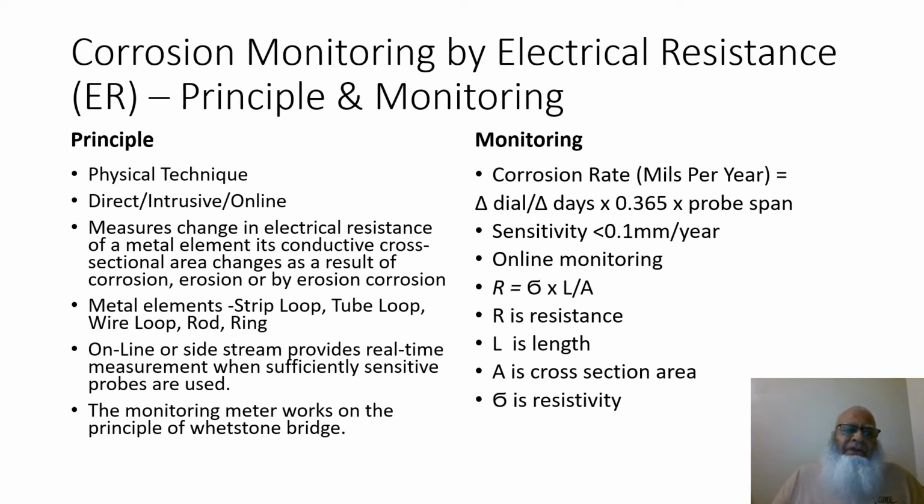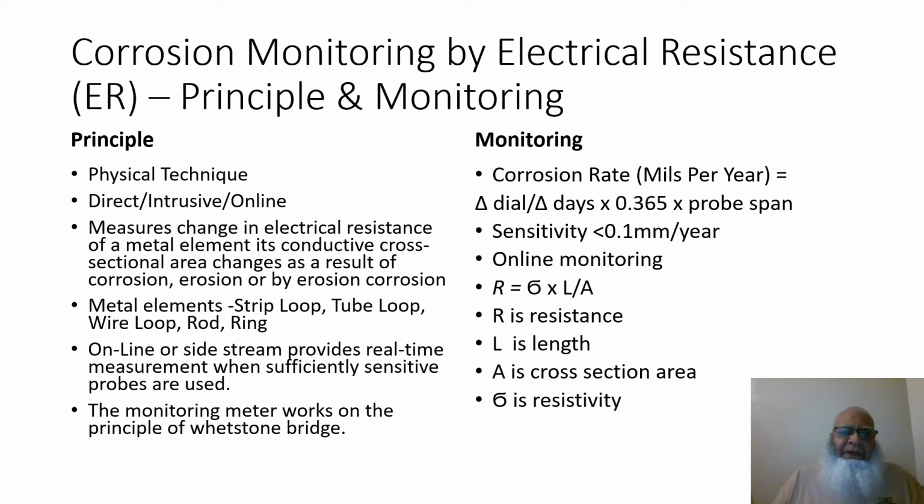The metal element's shape can be a strip, a loop, a tube loop, a wire loop, a rod or a ring. It can be installed online or side stream, and it provides real-time measurement when sufficiently sensitive probes are used.